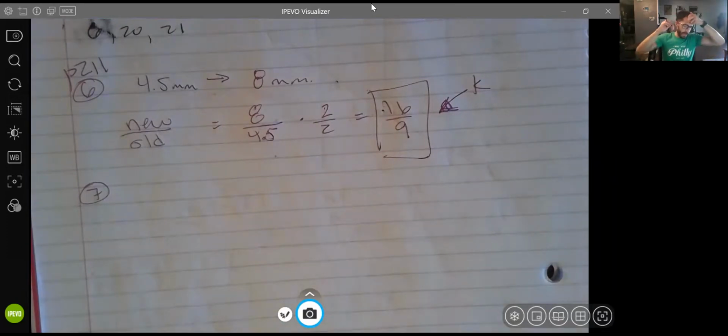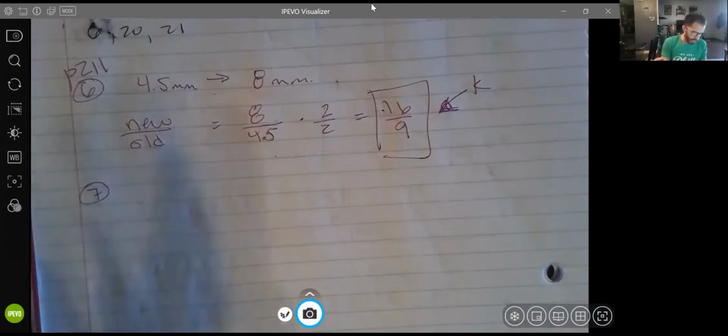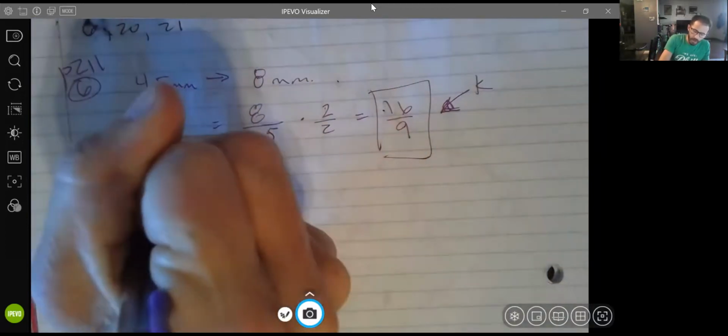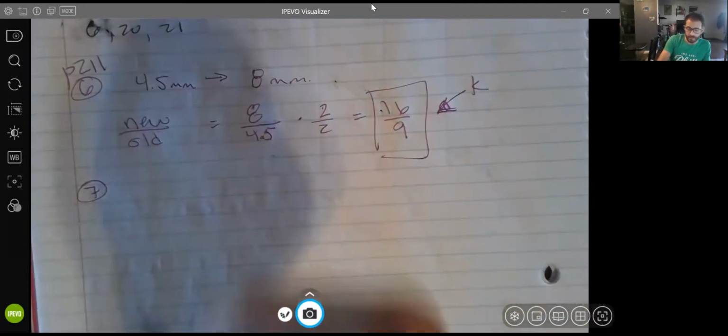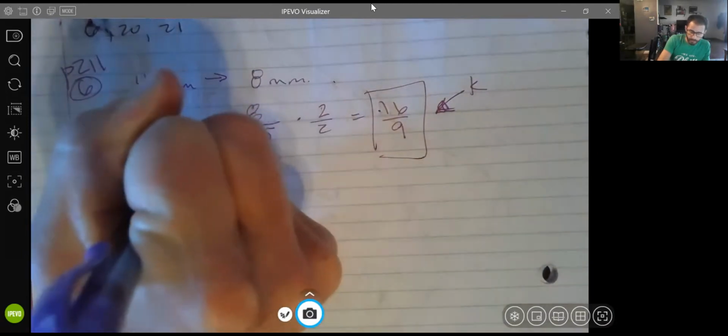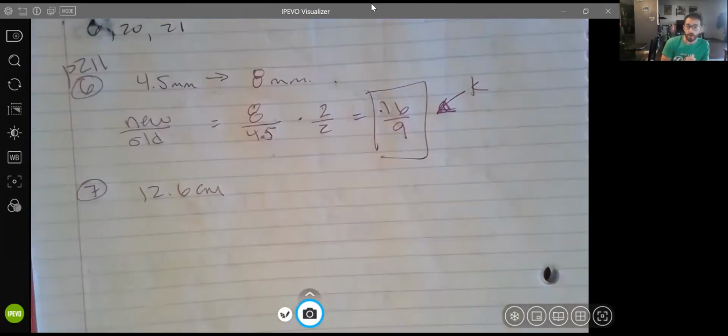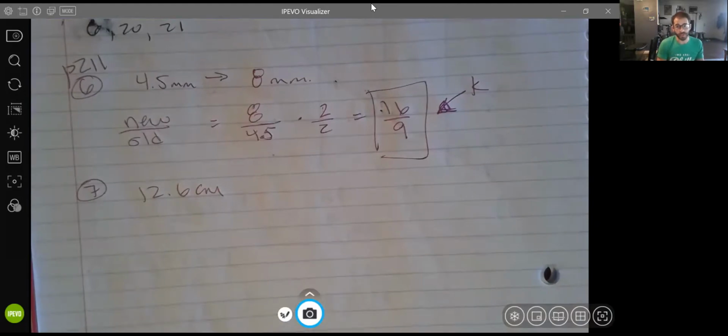And when you come back, all right, so we have a spider and it's under a magnifying glass, correct? So the spider under the magnifying glass is 12.6 centimeters long. We know that the spider is shorter than 12.6 centimeters because it's under the magnifying glass, so we're seeing a larger image, right? According to example 6, the magnifying glass magnifies everything 6 times.